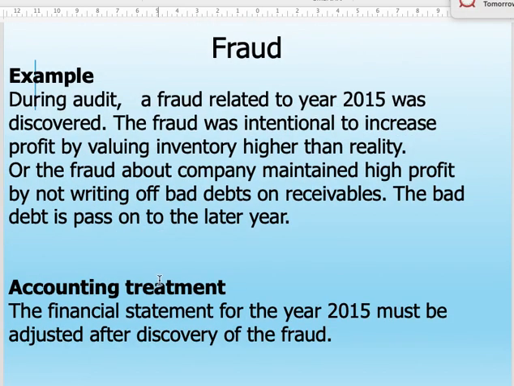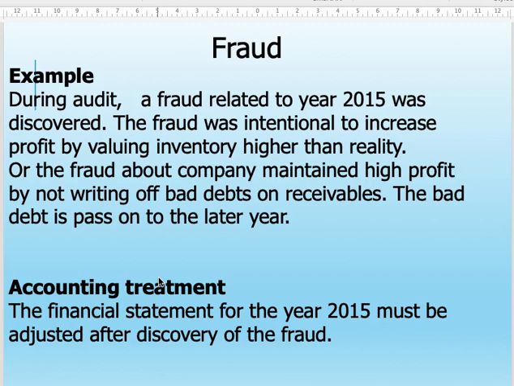Alright. Next, during audit, a fraud related to year 2014 was discovered. A fraud related to year 2015 was discovered. The fraud was intentional to increase profit by valuing inventory higher than reality, or the fraud was about the company maintaining high profit by not writing off bad debts or receivables. The bad debt is passed on to the later year. So the financial statement for the year 2015 must be adjusted.